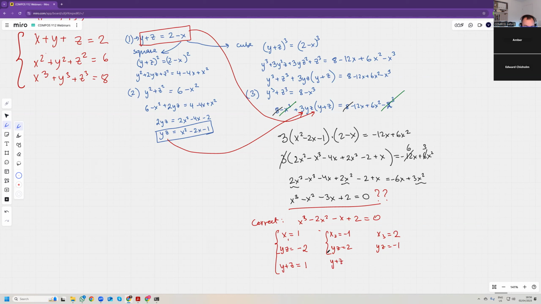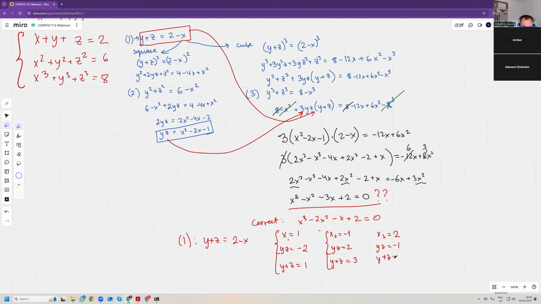For the next one, y plus z is 2 minus x, so y plus z is 3.